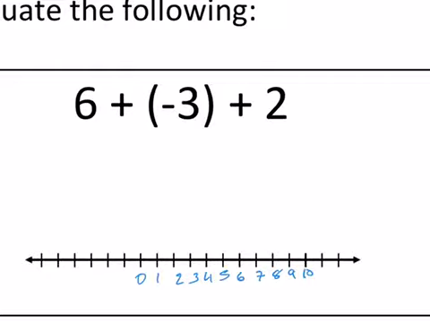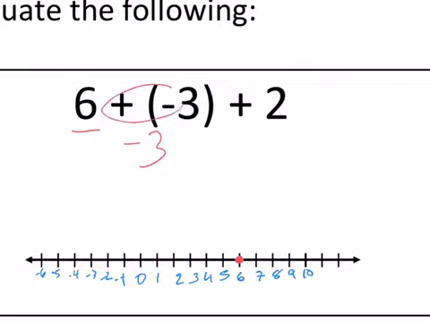We'll stop at 10. So we'll just mark our first number, and that is 6. 6 is right here. And we're adding negative 3, which effectively means minus 3.